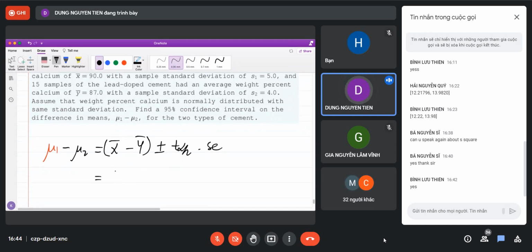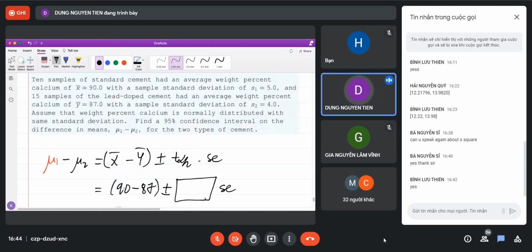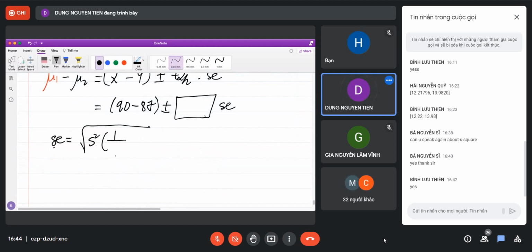And the standard error is the square root of s squared times (1 over n1 plus 1 over n2), which is 1 over 10 plus 1 over 15.